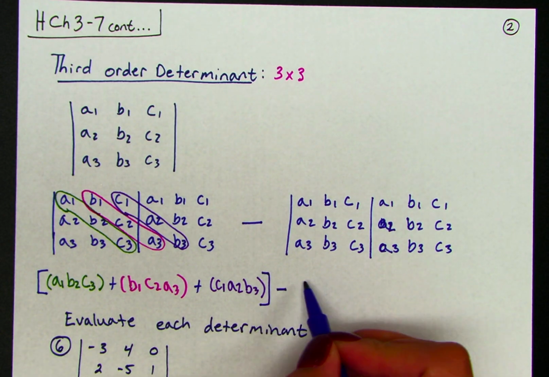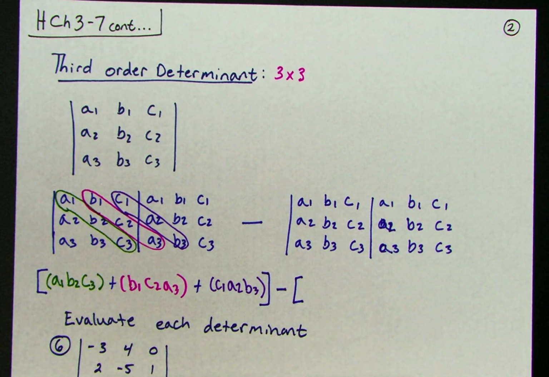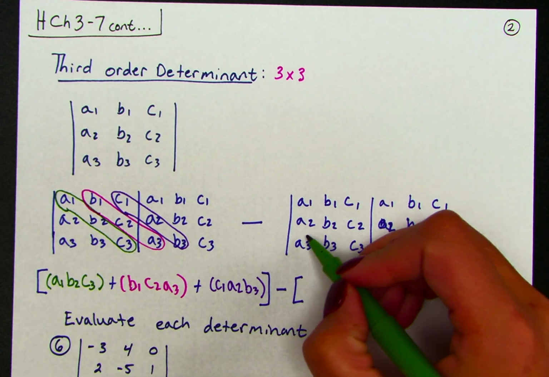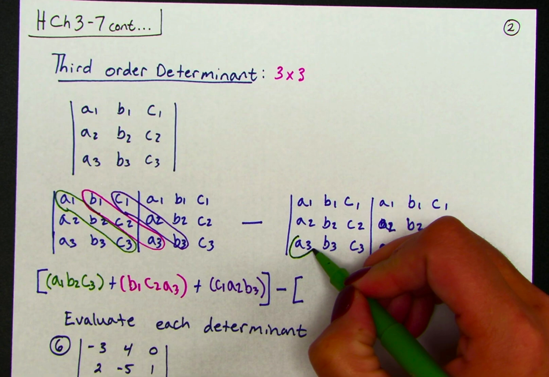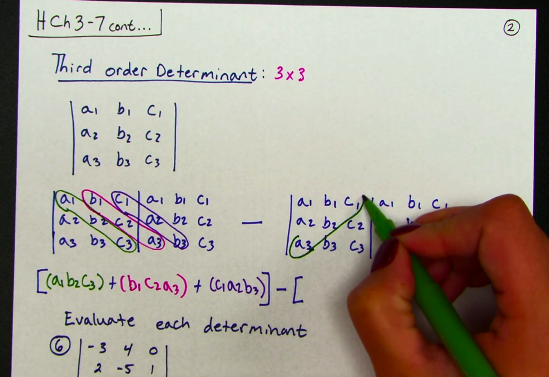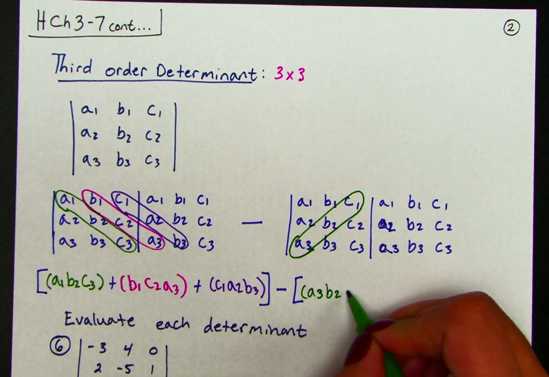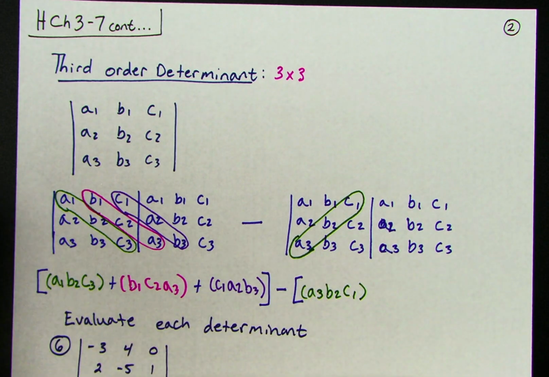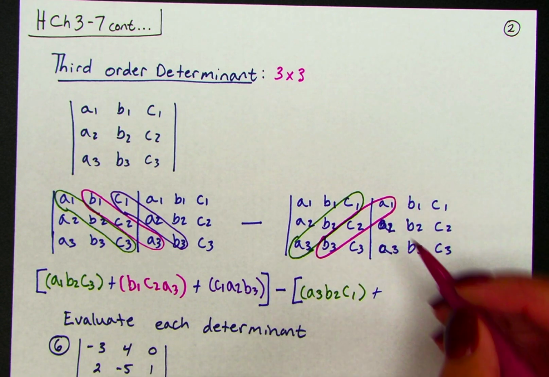And then we're going to subtract the backwards diagonals. Okay, so again, starting in the middle, this time we're going the opposite direction. So A3, B2, C1. Okay, and then adding that to my next diagonal. We are going to multiply B3, C2, and A1 together.